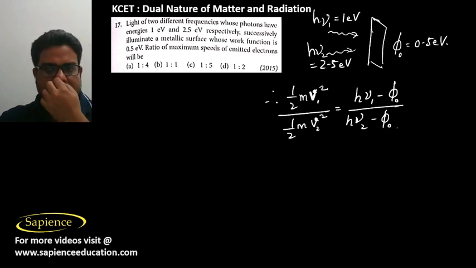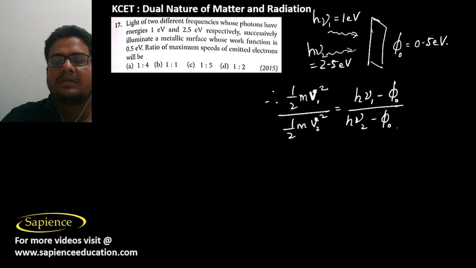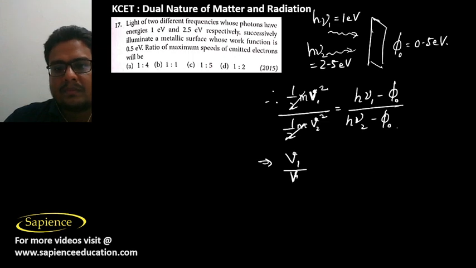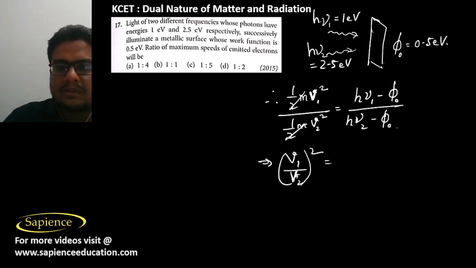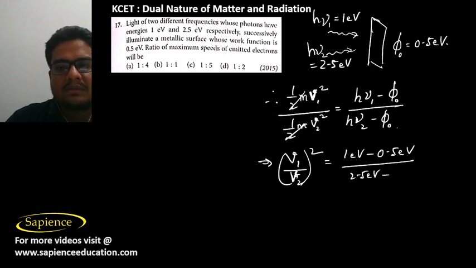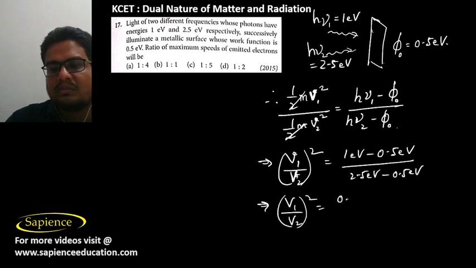This is the ratio of their kinetic energy, so half m, where m is the mass of the photoelectron, will cancel. So v1 by v2 whole square is equal to (1 electron volt minus 0.5 electron volt) divided by (2.5 electron volt minus 0.5 electron volt), that is 0.5 by 2, so 1 by 4.